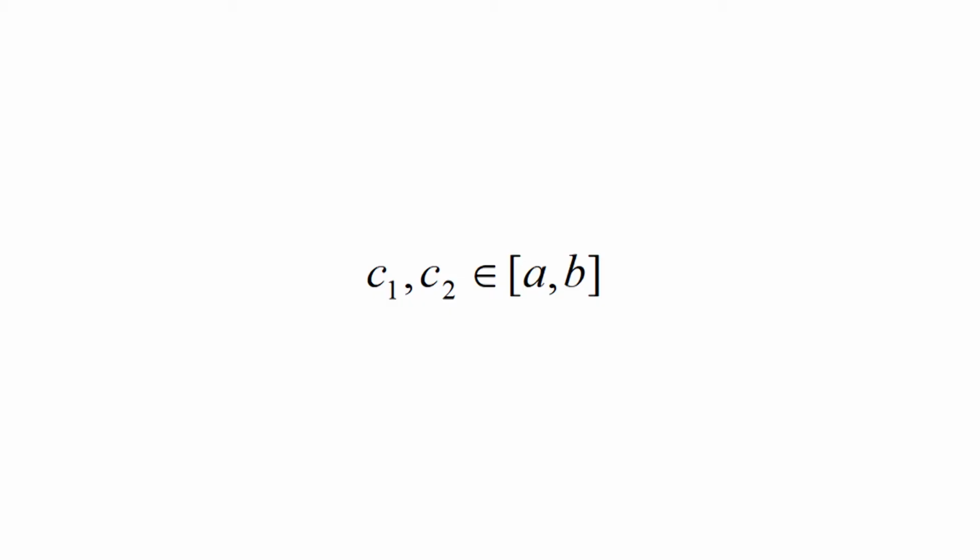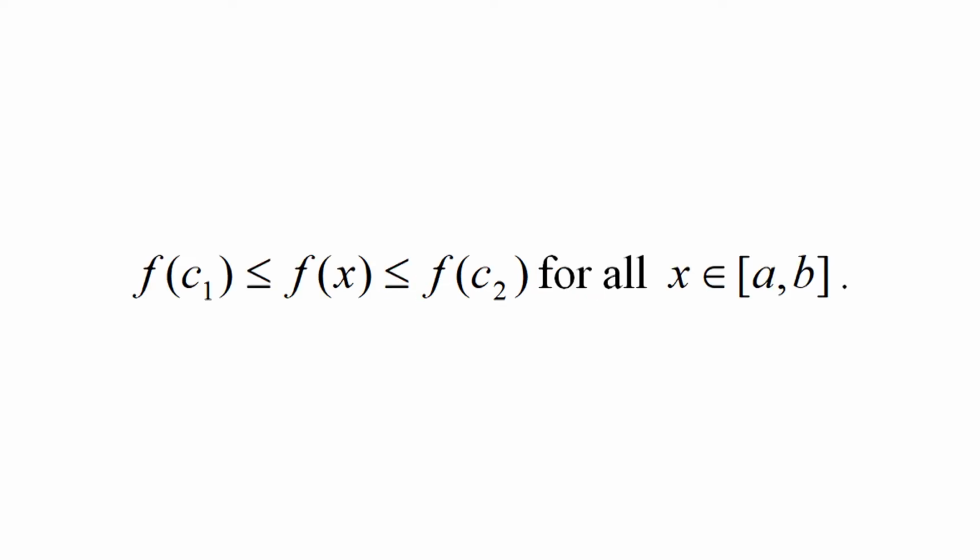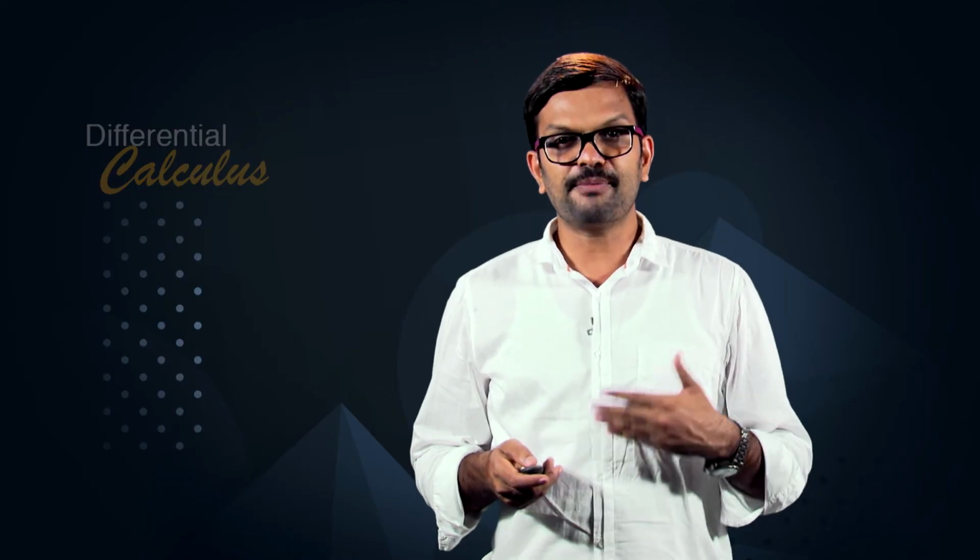That is, there are c1 and c2 in the interval [a, b] such that f(c1) is less than or equal to f(x) less than or equal to f(c2) for all x in the closed interval [a, b]. This theorem, when combined with the first derivative theorem, gives us the following result.